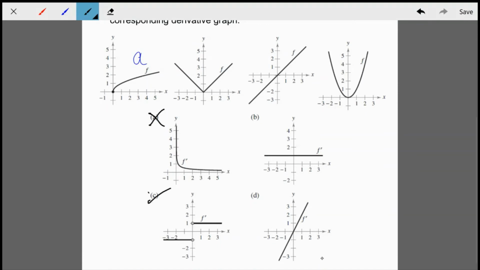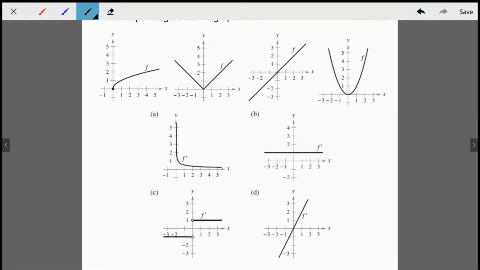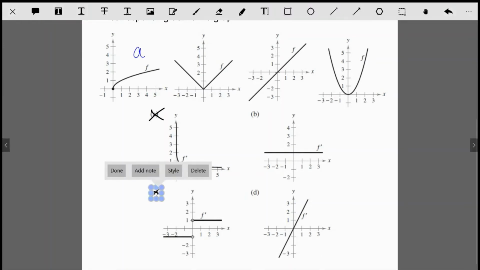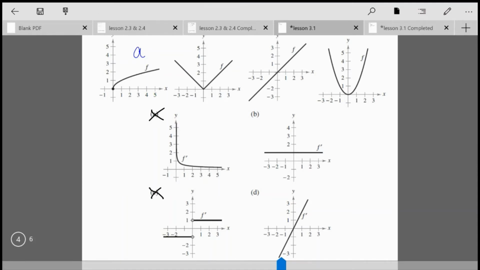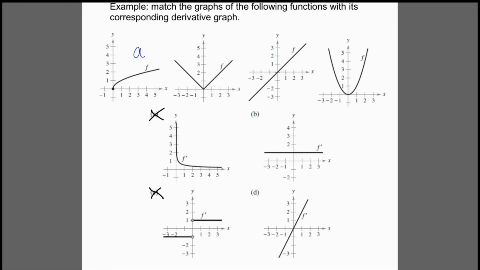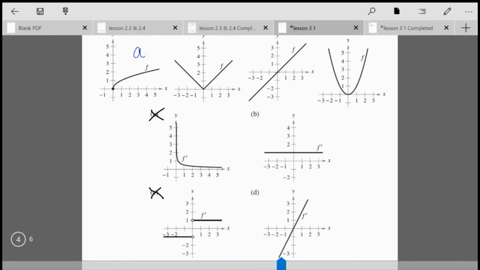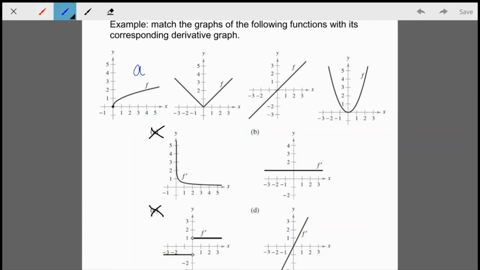I can tell that that's going to be C. And the way that I can tell that is because on that graph of C, I have a -1 value for the f prime, and then I have a 1 value to the right of 0. Okay, so let's write down C for this one.